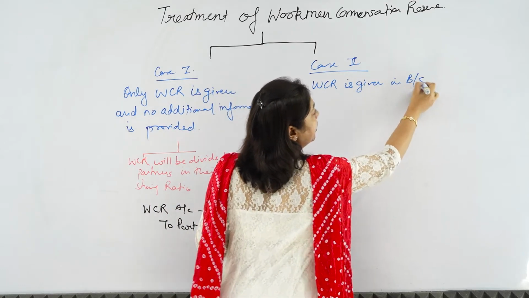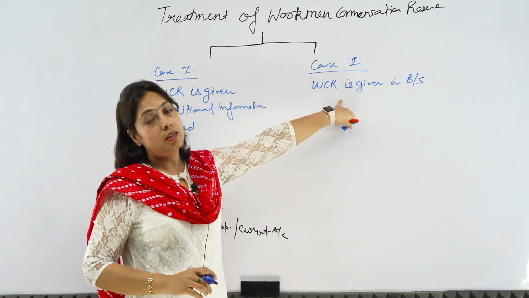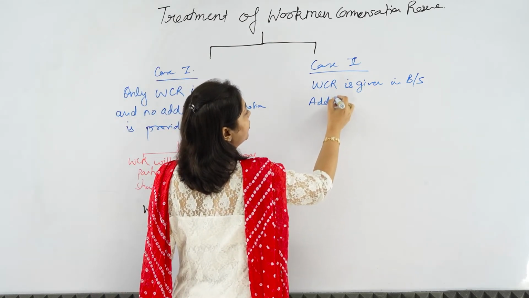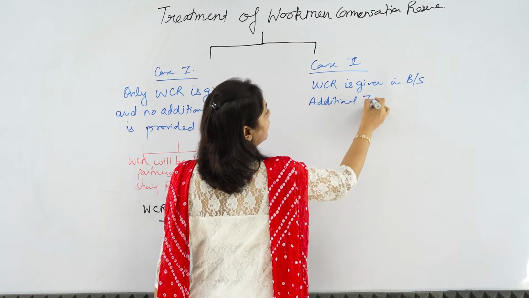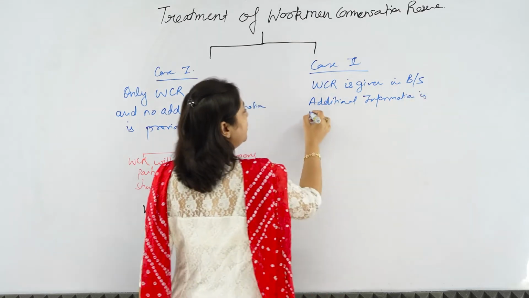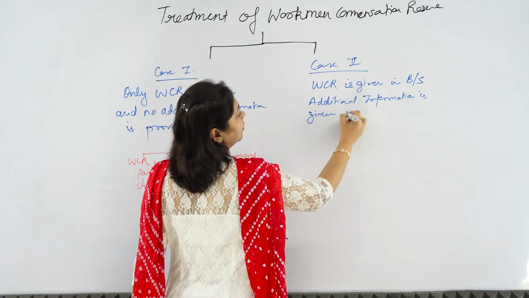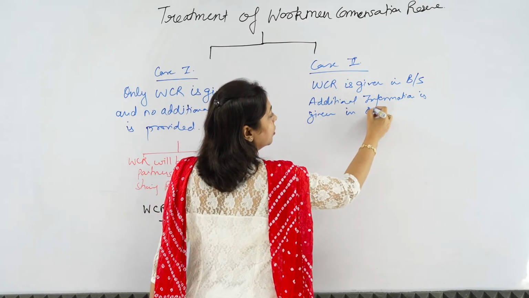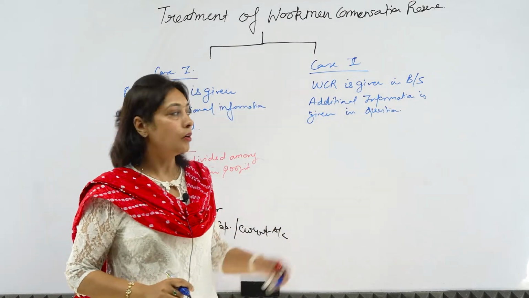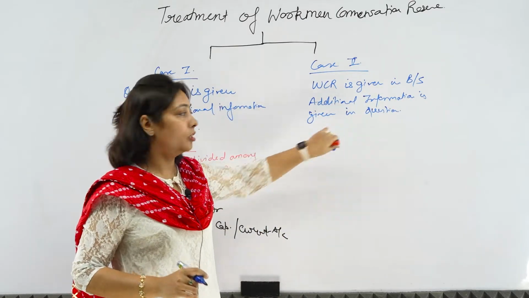WCR will always be given to you in the balance sheet, while additional information will be given as a footnote in the question. You have to give due attention to the additional information.